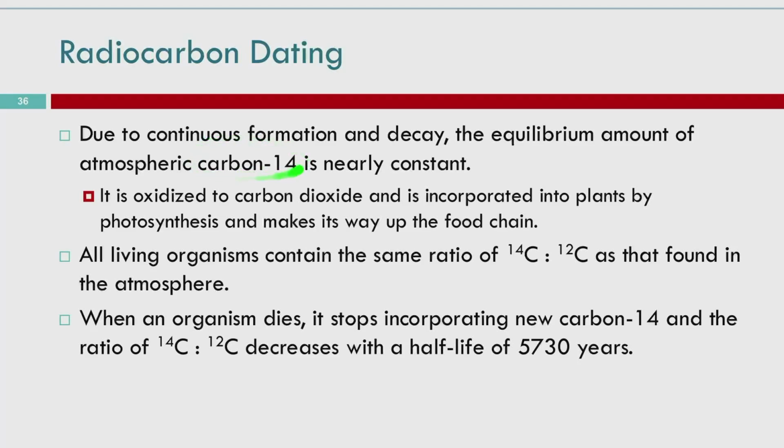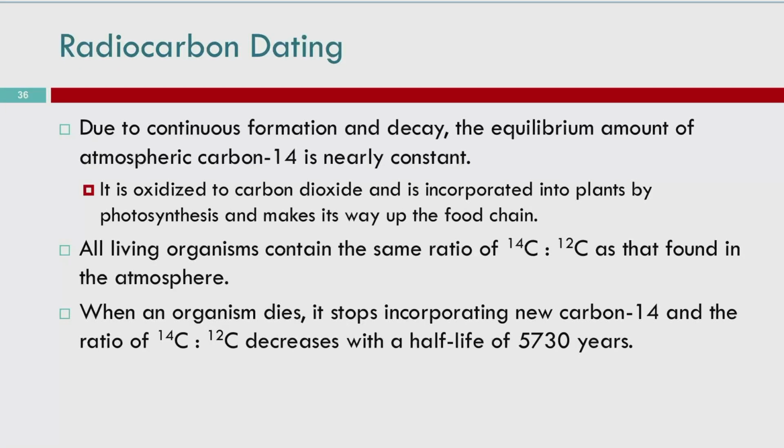And that carbon-14 that's up in the upper atmosphere can be oxidized, turned into carbon dioxide, work its way down into our breathing space, get picked up by plants. The plants then have some carbon-14 in them. We eat the plants, or something else eats the plants, and we eat what ate the plants, et cetera, right? There's a whole food chain. The carbon-14, though, one way or another works its way into living organisms.